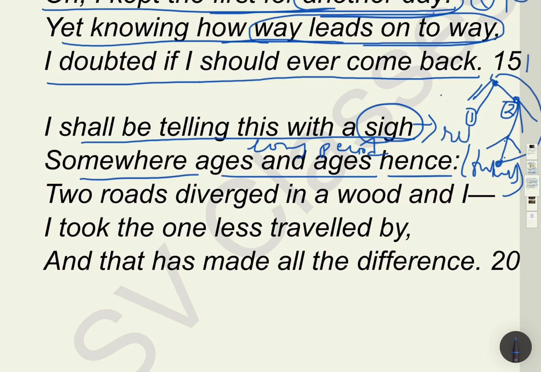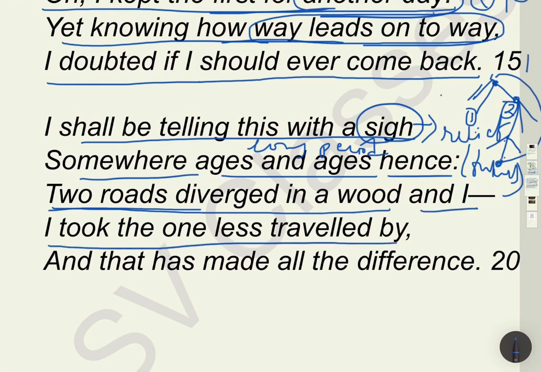With a sigh here, he is expressing something positive, saying with a sigh of relief I would be telling the story to my grandchildren that once upon a time I had a choice of two roads diverged in a wood, and I took the one less traveled by. He wants to tell this adventurous story to his grandchildren, saying that I took the road which was not traveled by many people, and that has made all the difference.